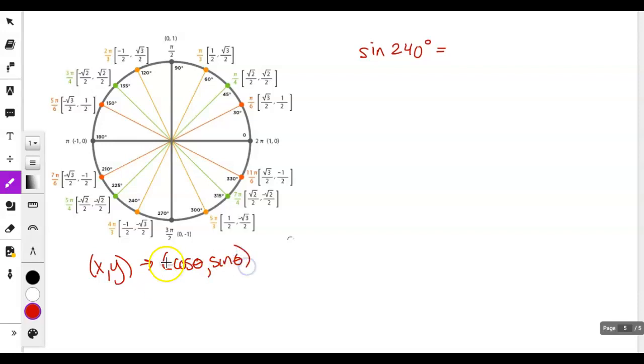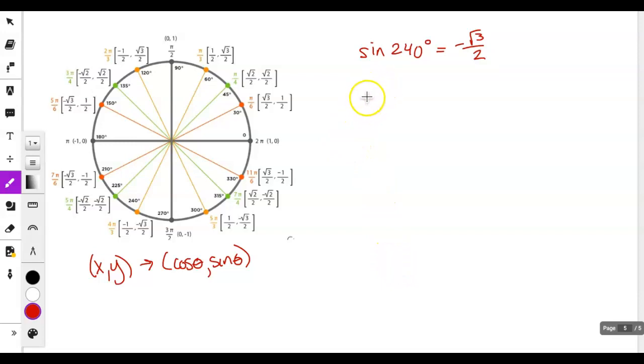Okay? All right, so the sine of 240 would be the y coordinate at 240. So here's 240, here's the y coordinate, and so the sine of 240 is negative √3/2. So that's the sine of 240.